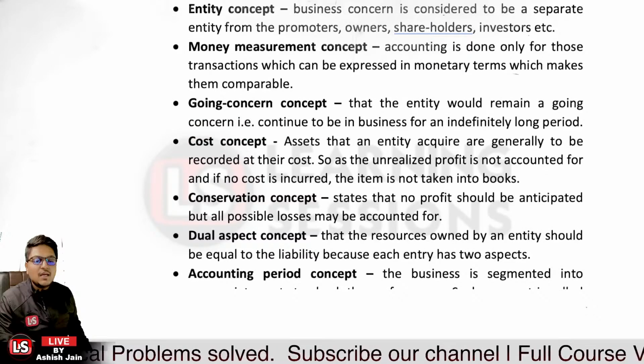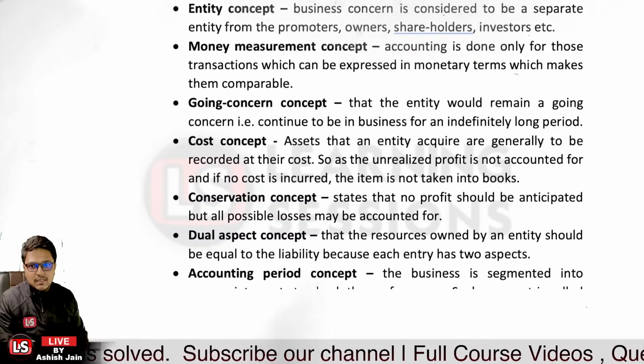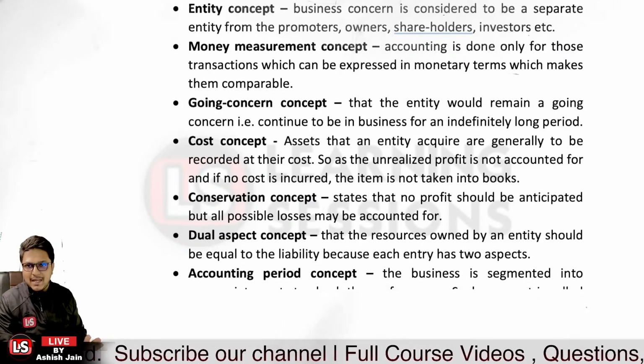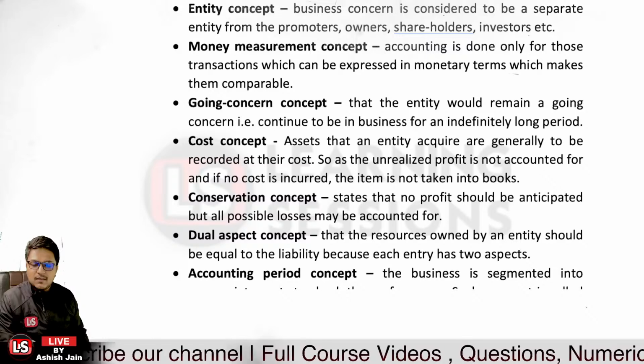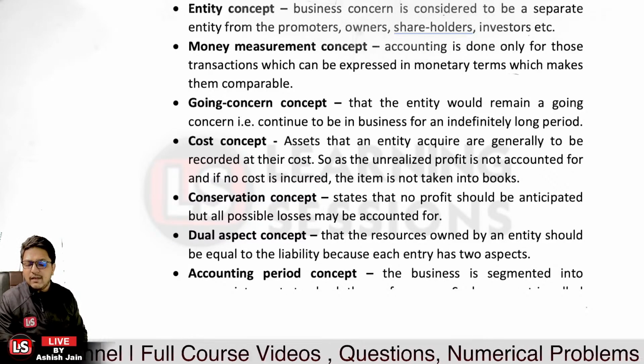Then it is the dual aspect concept. The dual aspect concept is very important from the balance sheet point of view. It says that each and every entry has dual aspects.